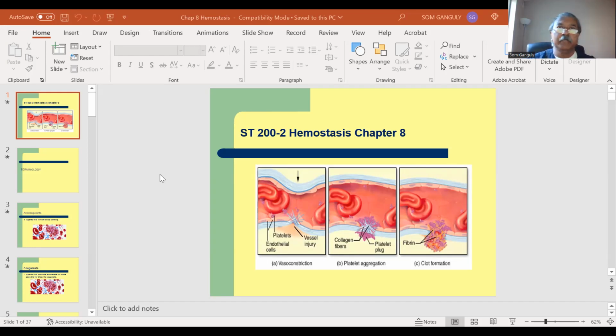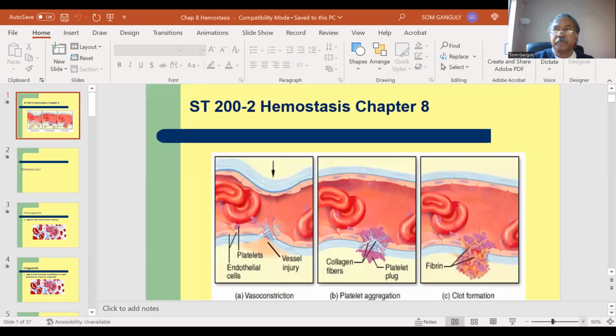So in our operating room situation, as you already have understood so far, maintaining hemostasis is one of the major challenges in our operating room, because when the surgeon makes an incision, from that point on, the tissue starts to bleed.